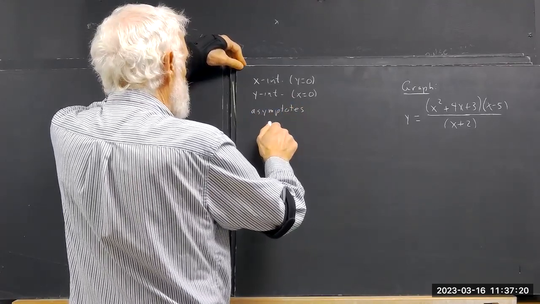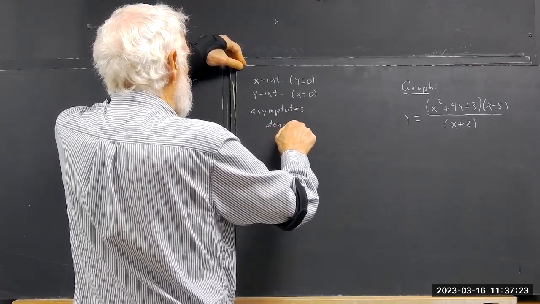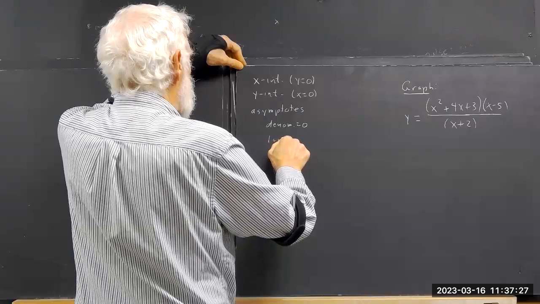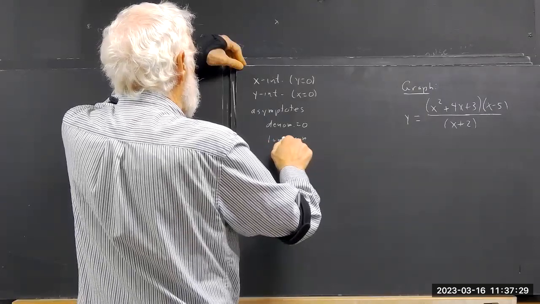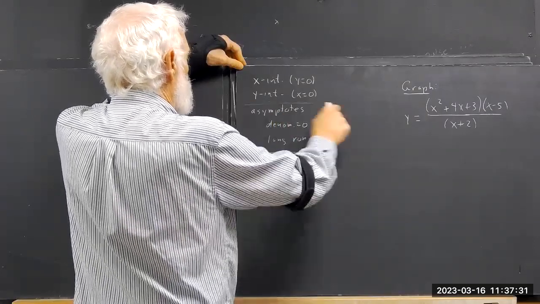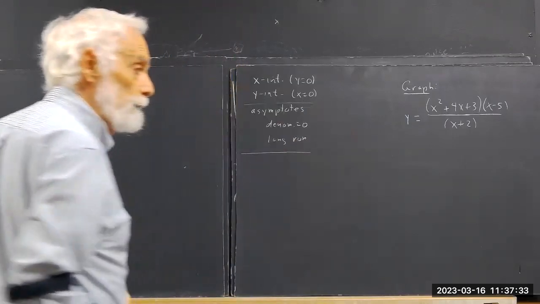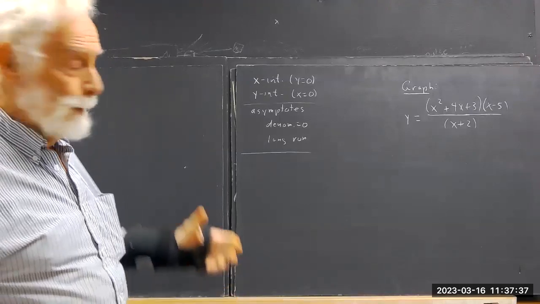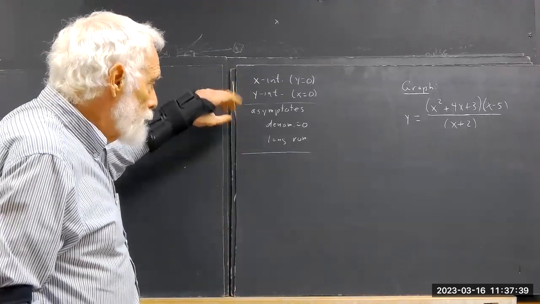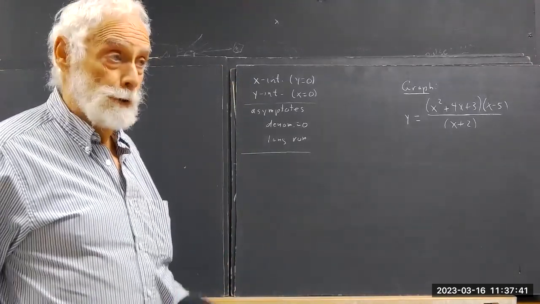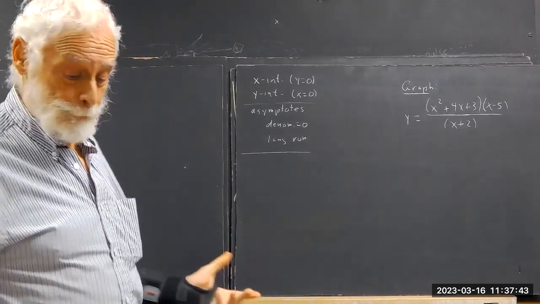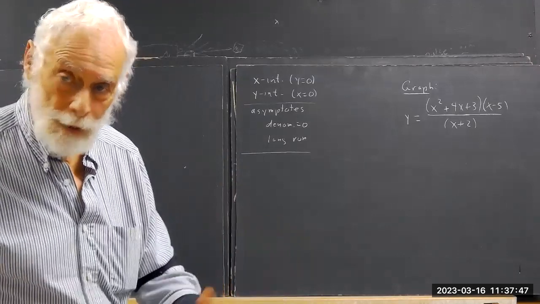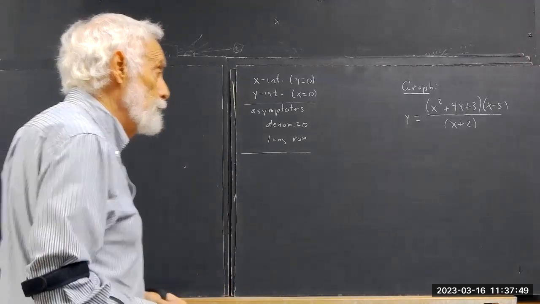Asymptotes: where the denominator might be 0, you can have long run behavior. There's more and more detail, but I'm condensing this because we don't want to spend all day on it. We kind of spent all day on it last hour. Refer back and use that for more detail.